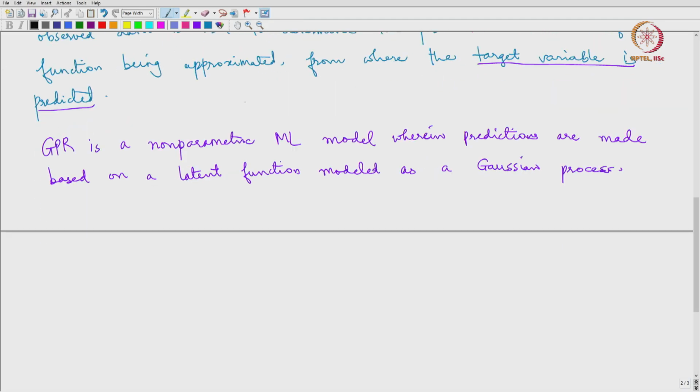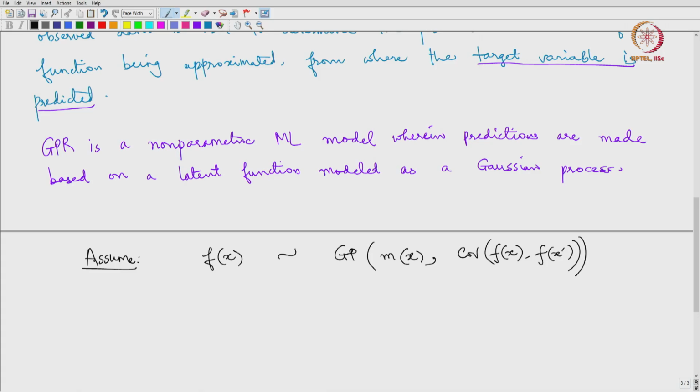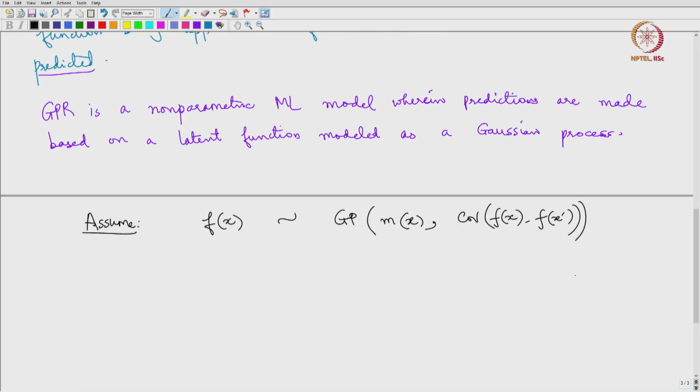So, how does this all work mathematically, right? So, first you assume, as a prior assumption, that the function you are approximating is a Gaussian process, and a Gaussian process is characterized by a mean and a covariance matrix.